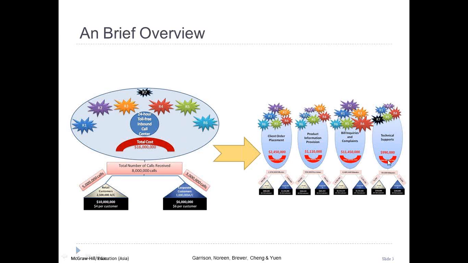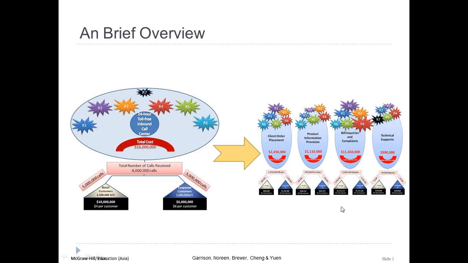So one can now see, of the $16 million to operate a call center, $2.4 million involves client order placement, $1.1 million for product information, $11 million for bill inquiries, and technical support of under $1 million.